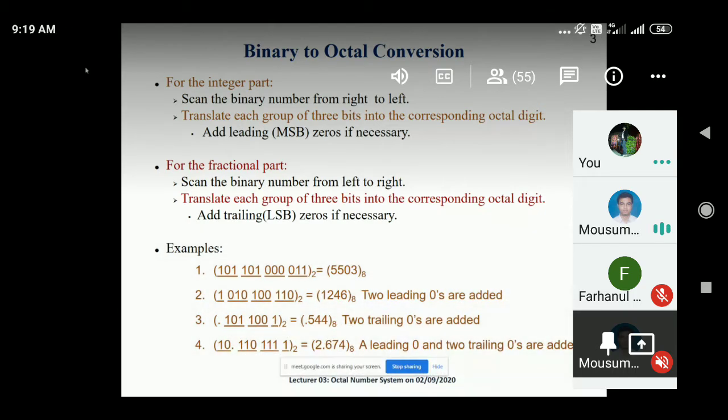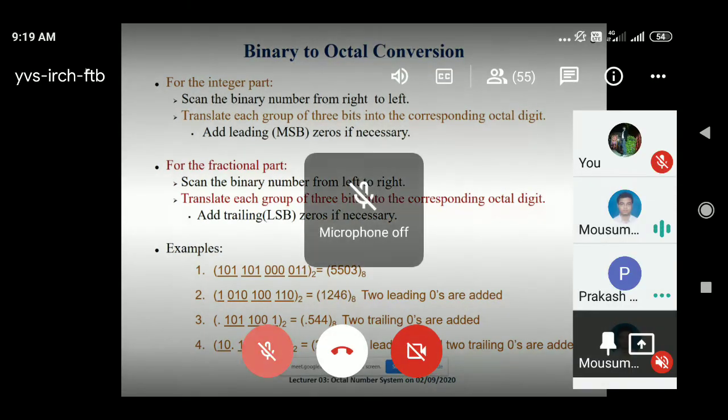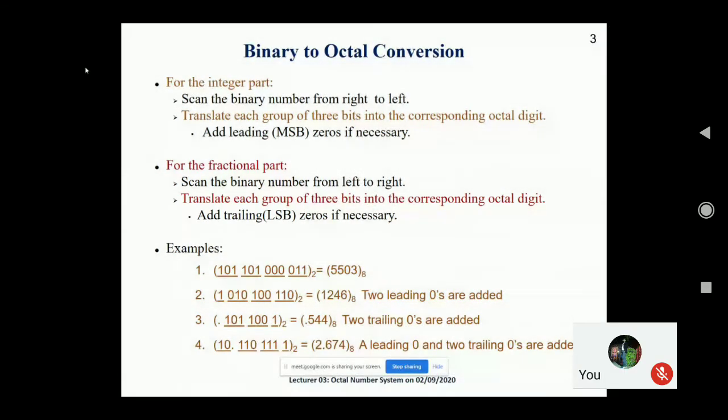MSB means what? When we are writing, see here for example. Yes, the leftmost bit. But don't use the word leftmost, because that word is not used in digital electronics. We use most significant bit.